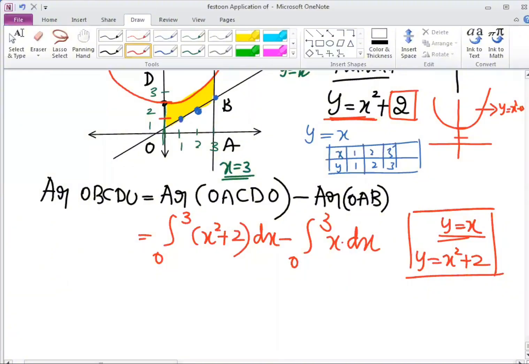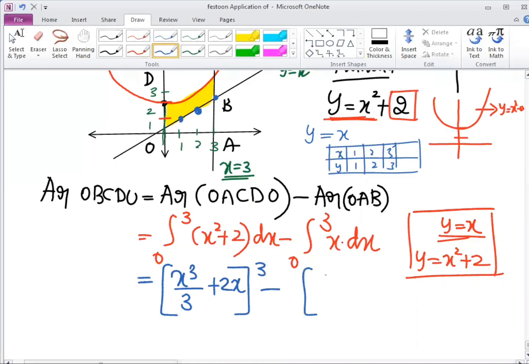Now, what's the integration of this? x square we can write as x cube by 3 plus 2x, minus x square by 2, from 0 to 3. Simple one.